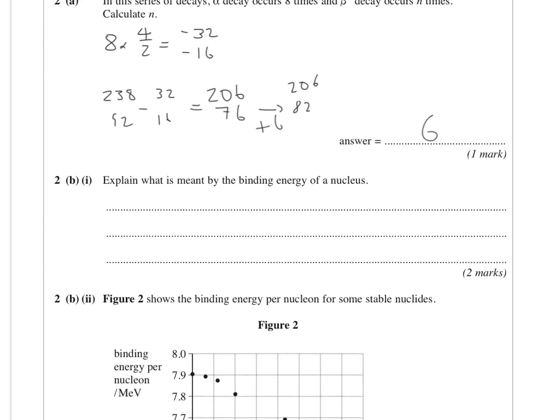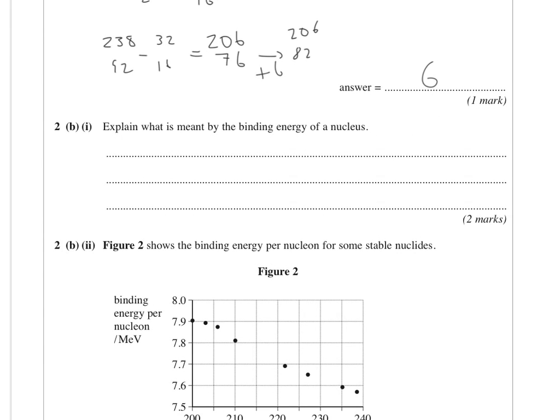Okay, what is meant by the binding energy of a nucleus? So you can define this in two ways. There's the energy to split a nucleus into its constituent parts, or the energy released when a nucleus is formed.